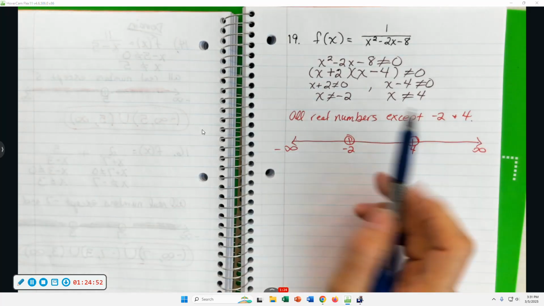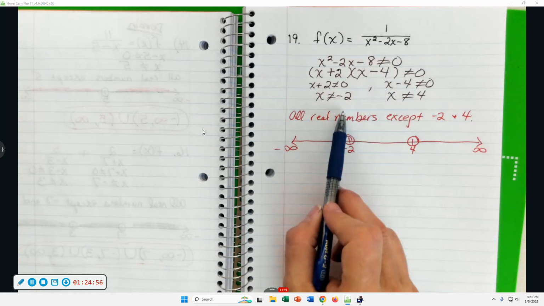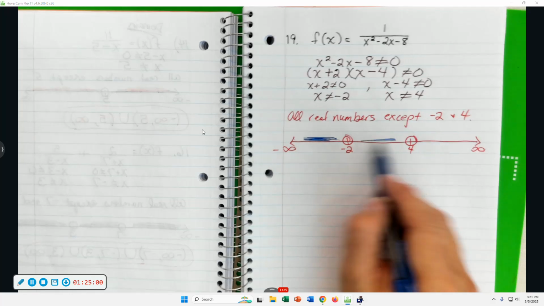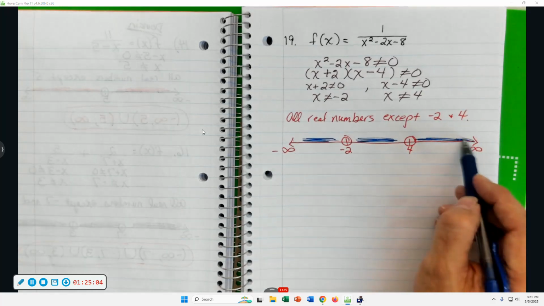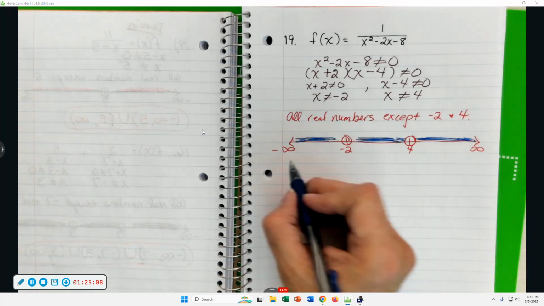The only two numbers you can't plug in for x are negative 2 and 4. So what will this look like in interval notation?